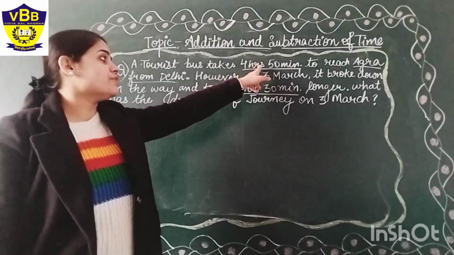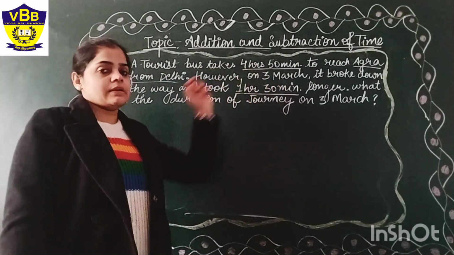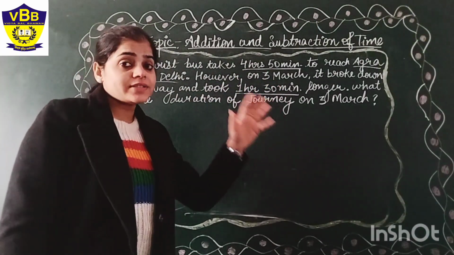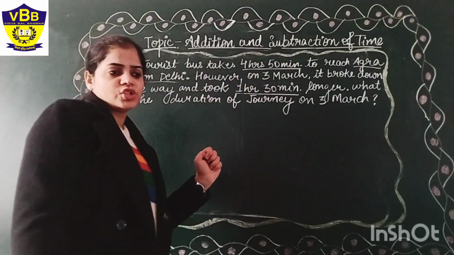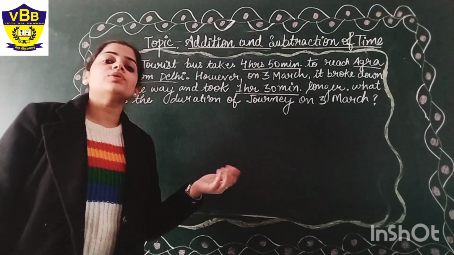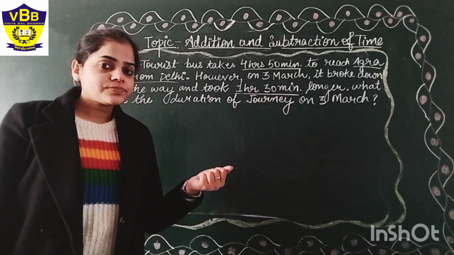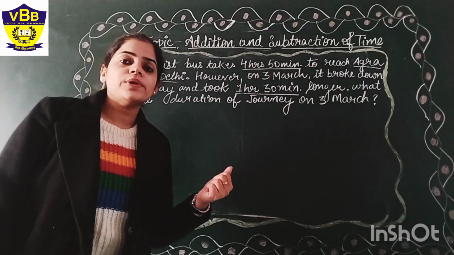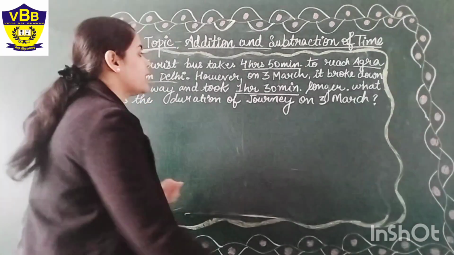Instead of traveling 4 hours 50 minutes, it took 1 hour and 30 minutes more. So what is the total time taken by the bus during that journey? How to find the total time taken? Can you guess it? Yes, we will do the addition to find the total time taken by the bus.